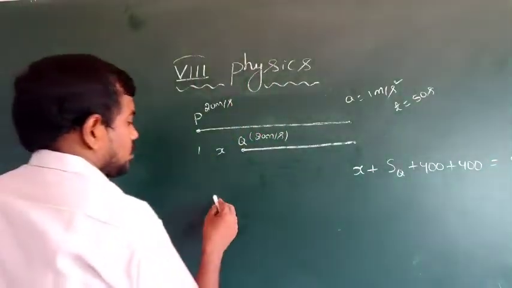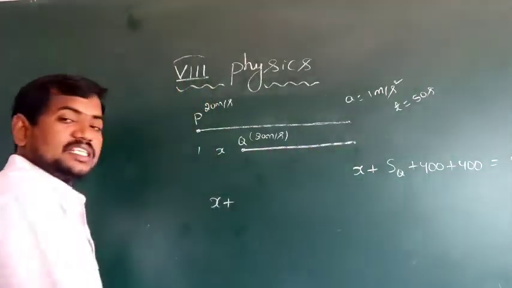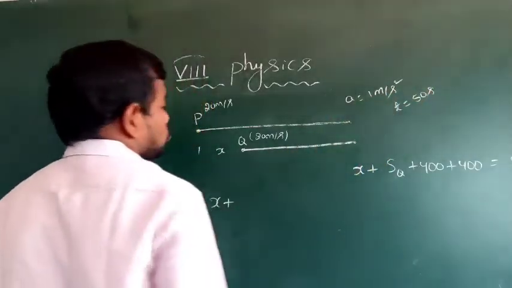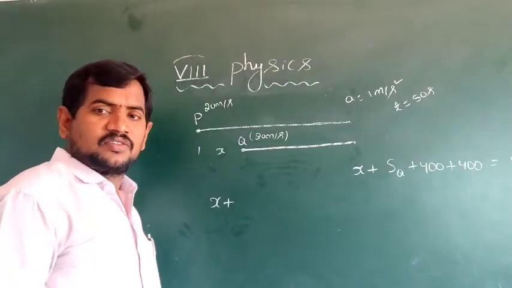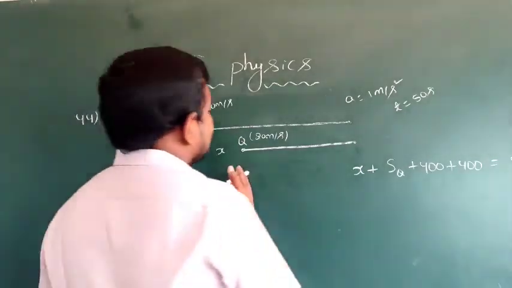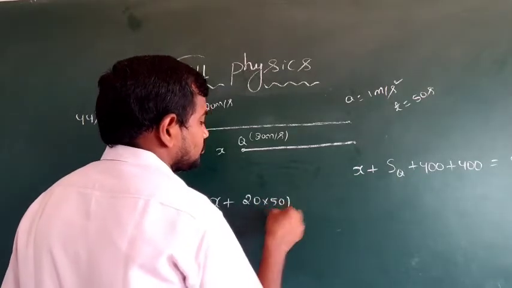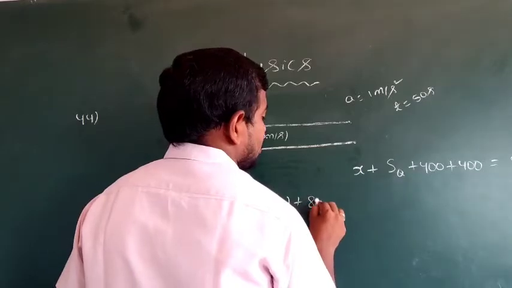Now we will try to solve. x plus the distance traveled by the train Q. Since it is moving with uniform velocity of 20 meters per second for that 50 seconds, using ut plus half at squared, as the acceleration is 0, otherwise you can directly take distance equal to speed into time. So 20 into 50, plus 400 plus 400, 800.